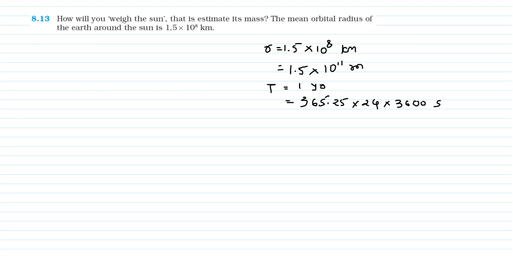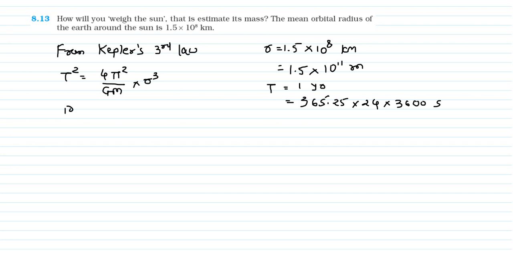Okay, so whenever you get a sum like this, we'll use Kepler's third law. From Kepler's third law, T square is equal to 4π² upon GM into r cube. You want to find M, that is equal to 4π² r³ upon G T².